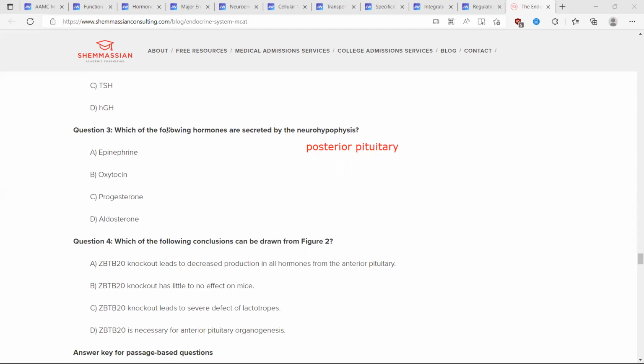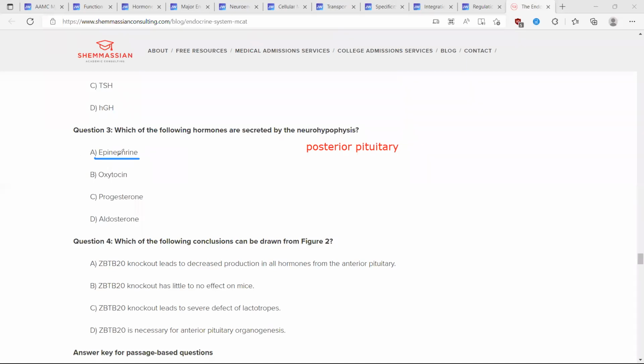Because this question could just as easily be which of the following hormones are not secreted by the neurohypophysis, or secreted by the anterior pituitary, or whatever. So epinephrine. Epinephrine is a peptide hormone, and it acts on, wait, is it? No, sorry, it's not.